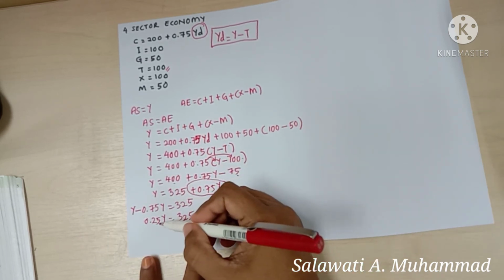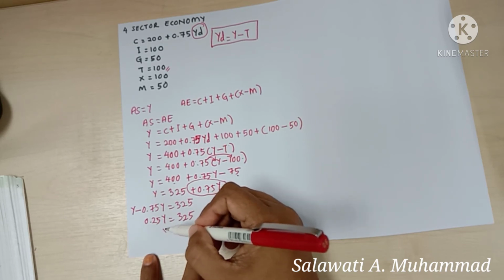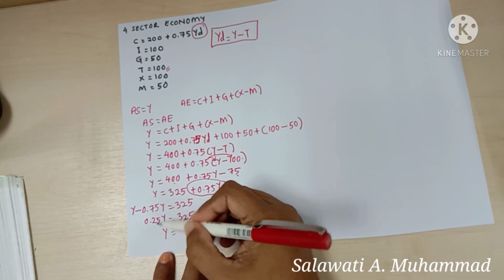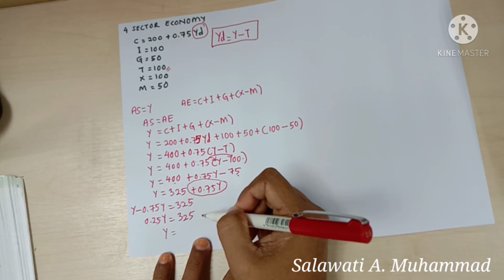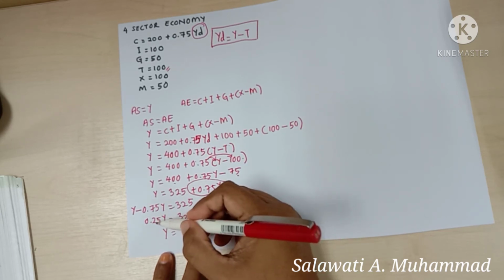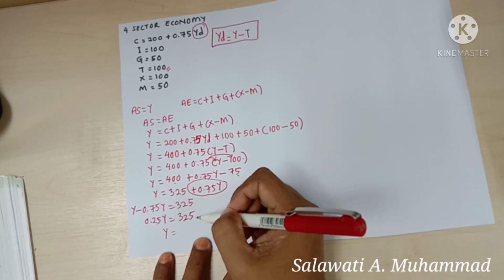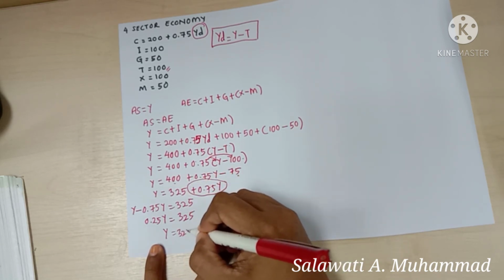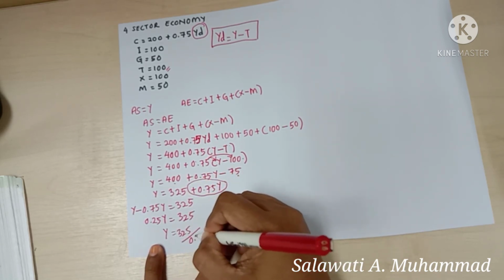Okay, so this is multiply Y. We want to know the amount of Y, so we move 0.25 to the opposite section. When it's multiply, when we move to the opposite section, it will become divide. So 325 divide with 0.25.